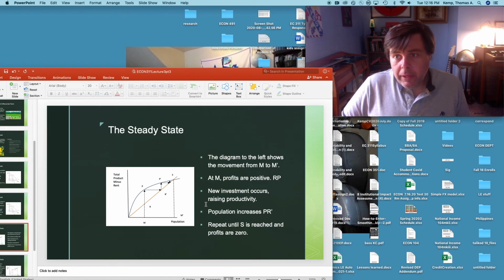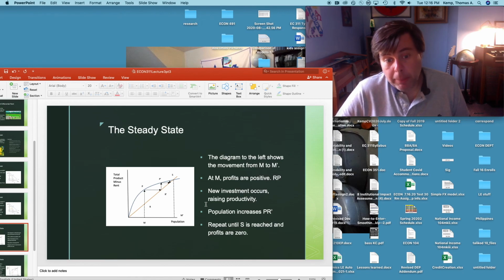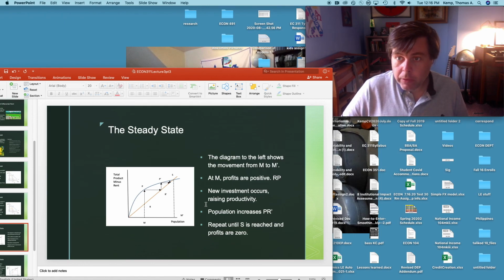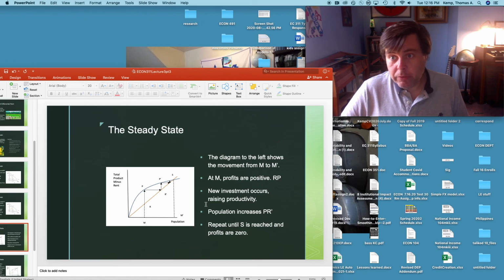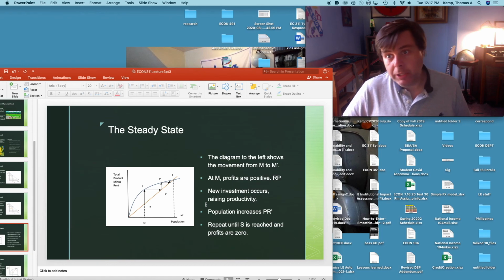As I said, that causes productivity to increase, and productivity increases cause population increase, and so we move from P towards R prime. So R prime is the second round, if you will, of production. Once the population has grown sufficiently to fully offset the rise in productivity, wages have returned back to subsistence.